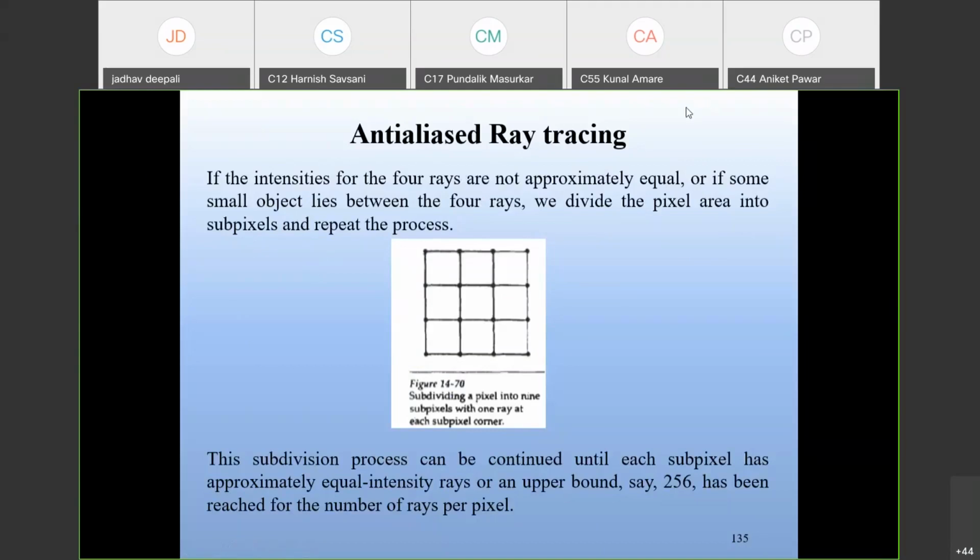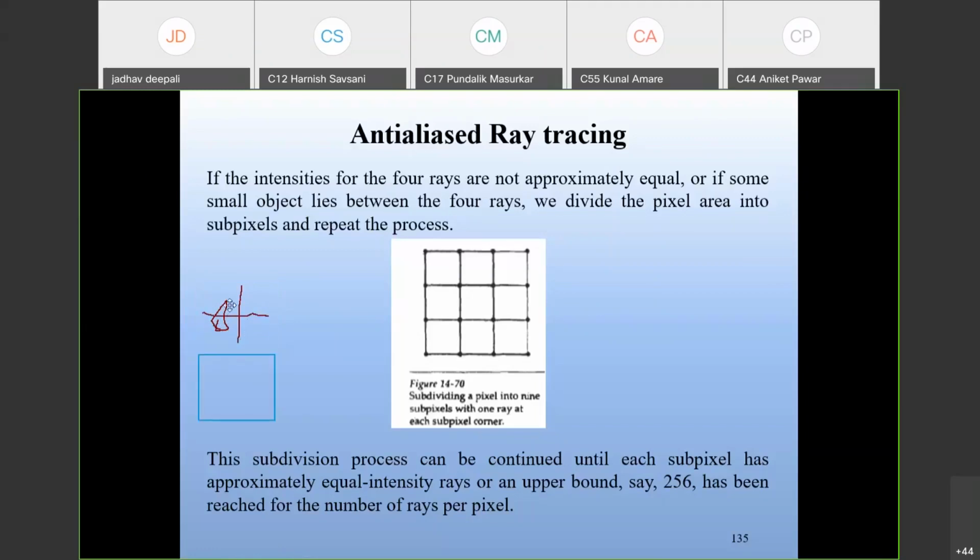For example, suppose this is the pixel, and in it there is a small object like this. Now this object does not fit in one pixel. What we do is first divide it into four parts and check whether it is within one pixel.